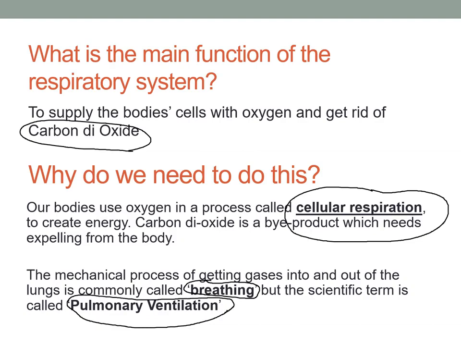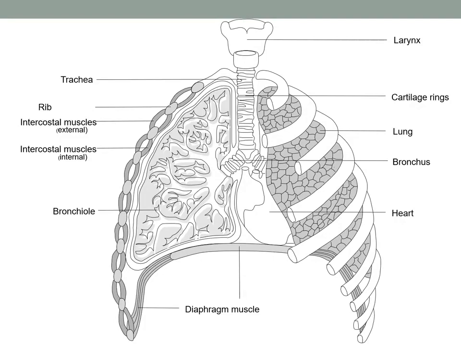So let's have a look at how that occurs. Here is the basic structure of the respiratory system. Now it's missing a bit off the top, so you'd have your mouth and your pharynx as well, but as air comes down that passage, obviously it passes the larynx, it goes down the trachea, and it splits into the bronchus, and then air will go into the bronchioles.